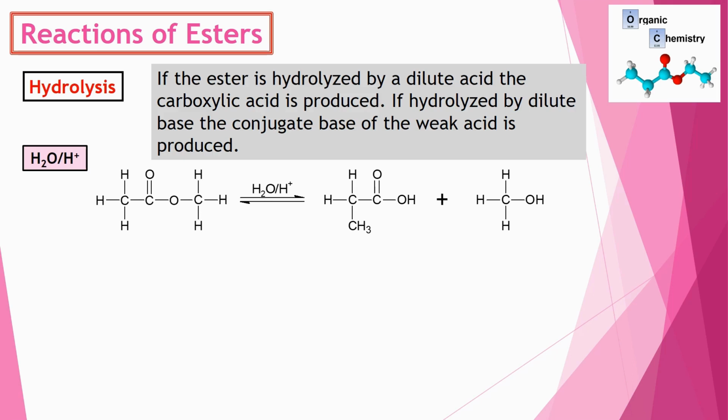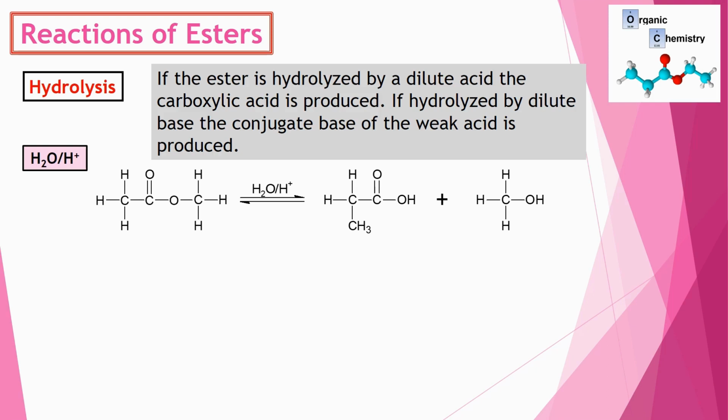Well, if we take the ester and carry out hydrolysis, notice that hydrolysis is an equilibrium reaction. So even though we produce the carboxylic acid and the alcohol, it might not go to completion, so there will still be some ester left, and depending on the conditions it might go back to the ester.